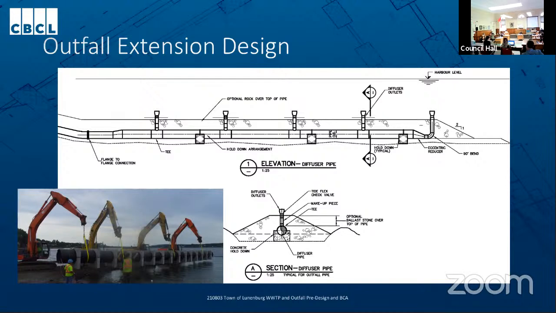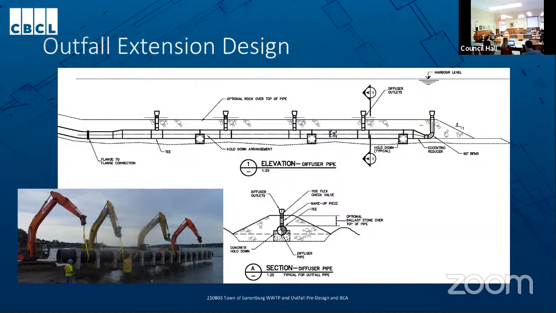The specific design of the diffusers would be done during detailed design. And this section is a typical view of one that we've designed in the past. It would be most likely fairly similar, although it probably wouldn't have rock around it in the particular location in question.